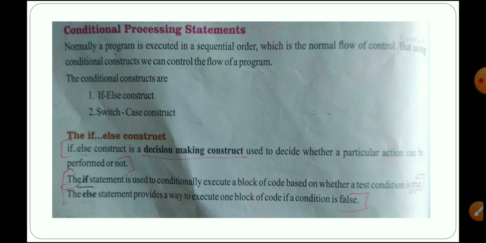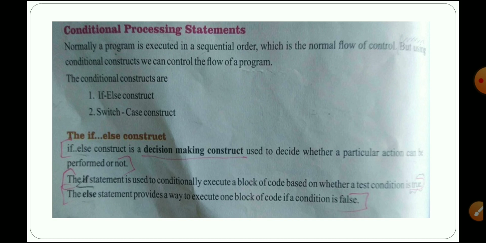Today we are going to discuss what a statement means in the C programming language. Conditional processing statements: we apply some conditions to check the result, and we have to identify the results. That is called statements. The statements will be executed in a sequential order in the program, with some flow of control.